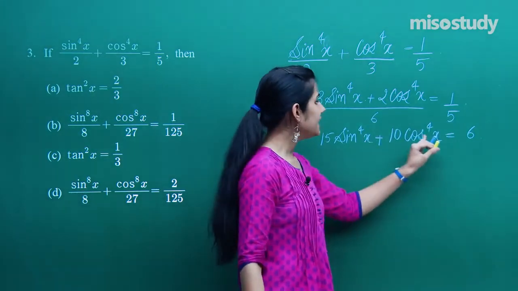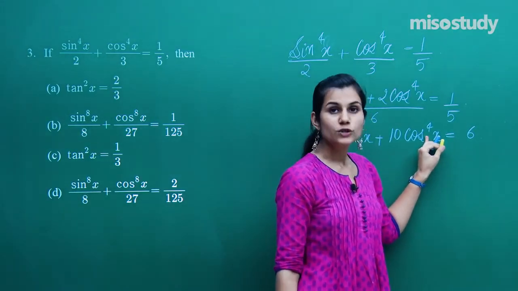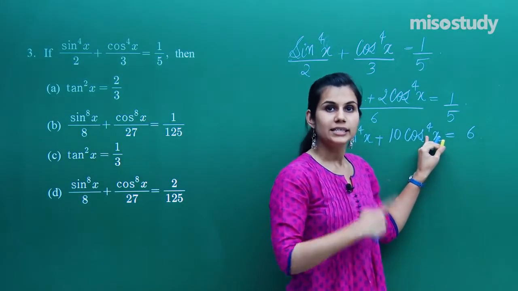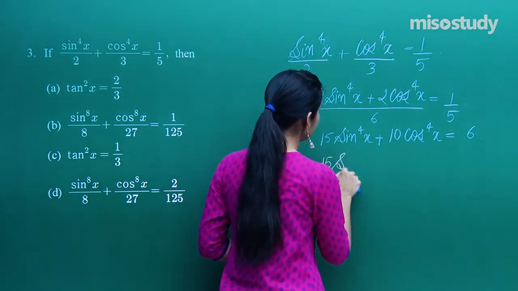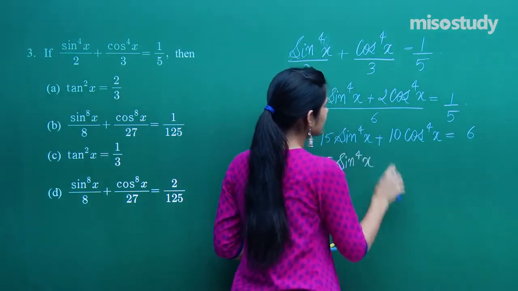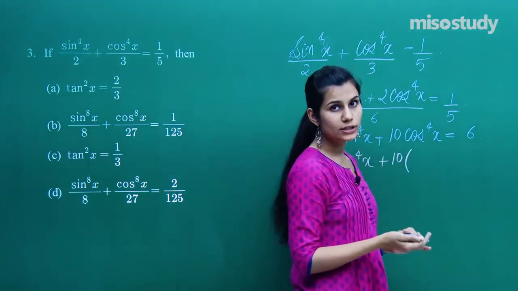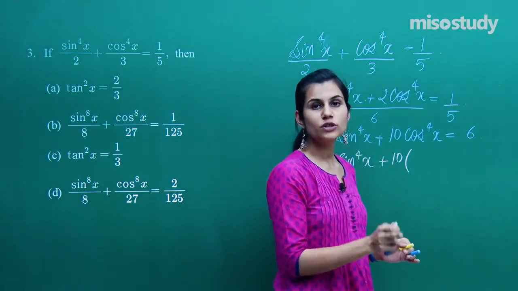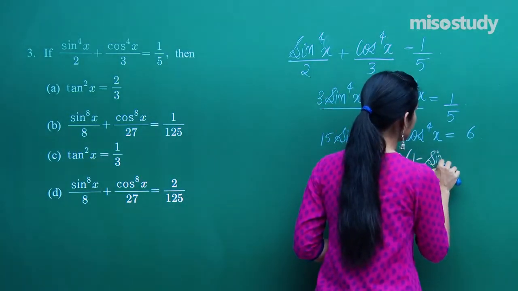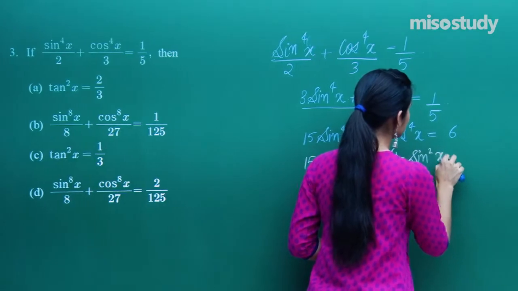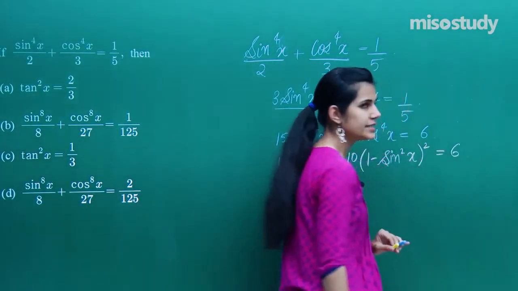Now, the moment you see even powers with sine and cos, you know sine square theta plus cos square theta is 1. So, cos square theta is 1 minus sine square theta. I can write it that way. This is 15 sine 4x plus 10 cos square x whole square. Because sine square x plus cos square x is 1, cos square x is 1 minus sine square x. So, 1 minus sine square x whole square equals 6.